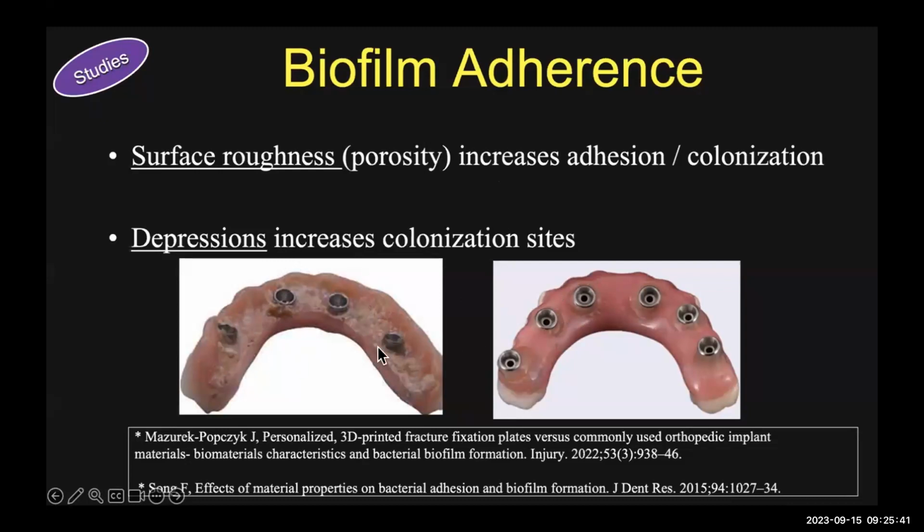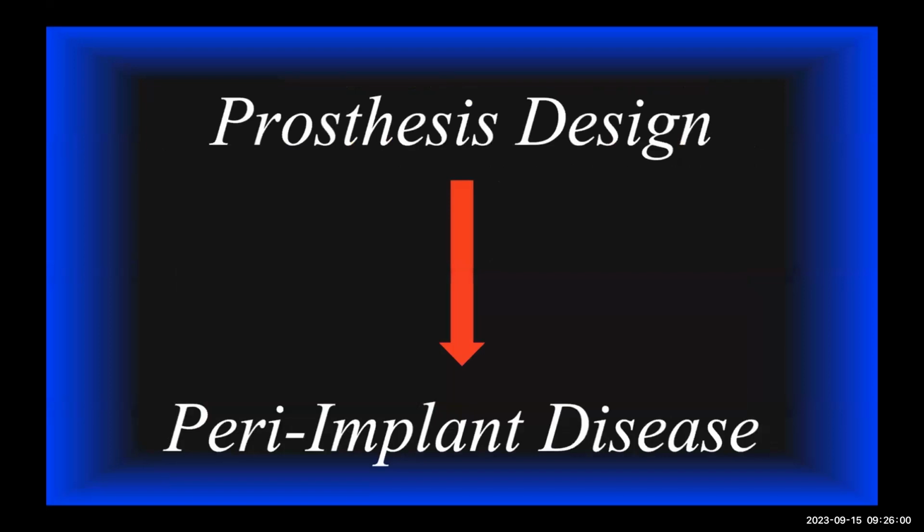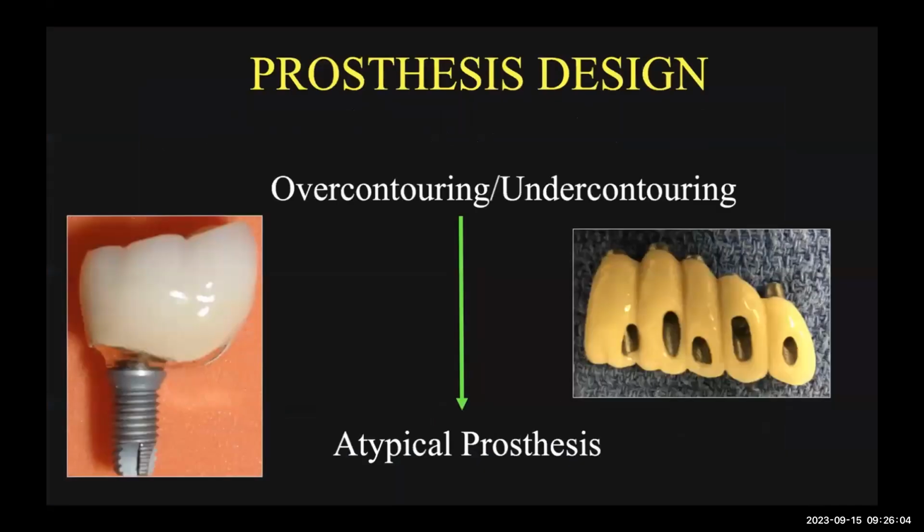With these two types of prosthesis, you can see all the bacteria because it's not self-cleaning and the patient can't even get in and clean. Whereas this one is fabricated to prevent that, so there is minimal porosity and no real depressions to cause a problem.